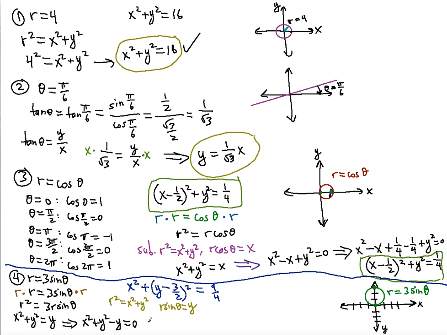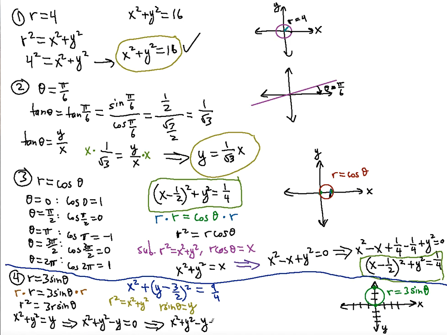Let's change this. So now completing the square, we're going to get x squared plus y squared minus y, and taking 1/2 of this coefficient and then squaring it will give you, what is it going to give you?